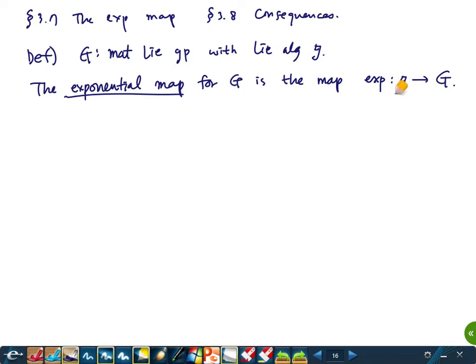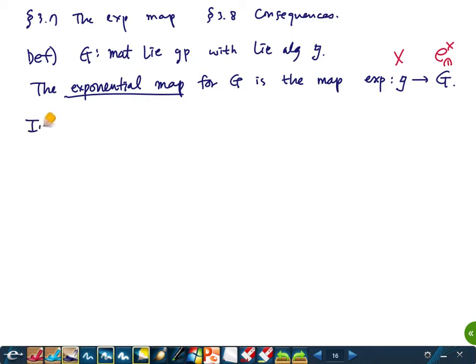It's clear that whenever we have X here, its image is going to be in G, because that's part of the definition: e to the tX must be in G for every real t. So domain and range are well set.